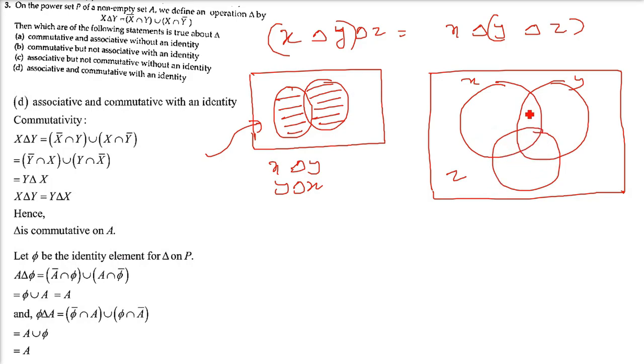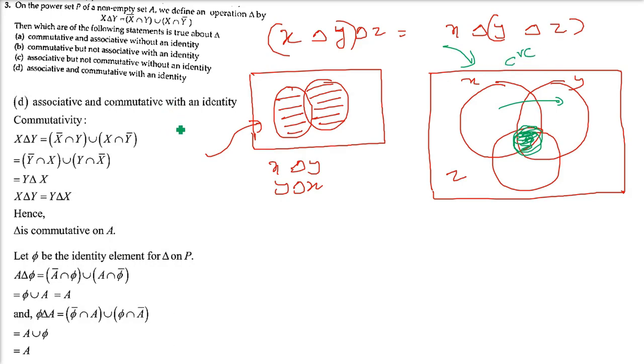But when we intersect it with Y, say X and Z we have taken, and when we intersect it with Y, the intersection part will not be taken. So only this particular part which is inside, the intersection of all these three, will be taken. So you take in any order. First you operate X, Y, then operate with Z. First you operate Y and Z, then operate with X. Or first you take X and Z, then operate with Y. Every time this commutative part will come, center part will always be there.